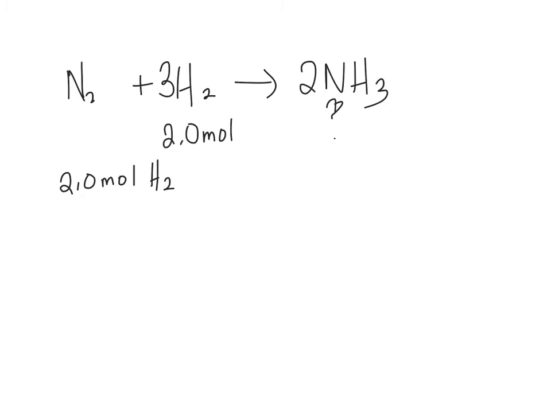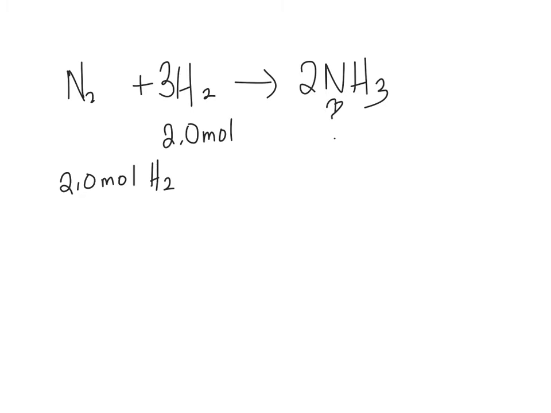I want to figure out how many moles of ammonia I could produce. So what you have to do in this question is set up the mole ratio of ammonia to hydrogen.